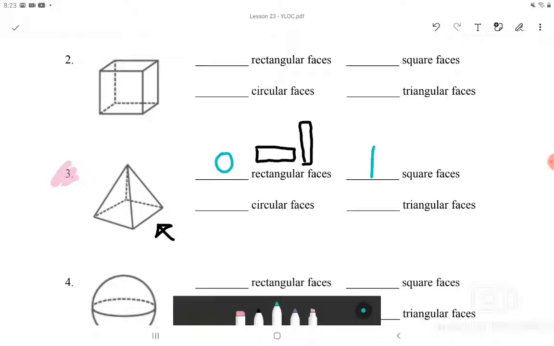And when we look at the circular faces, we don't see any circular faces on this same shape. So we're going to also put 0 here. And for triangular faces, we see that there is 1, 2, 3, and 4 faces. So we're going to put that there are 4 triangular faces.